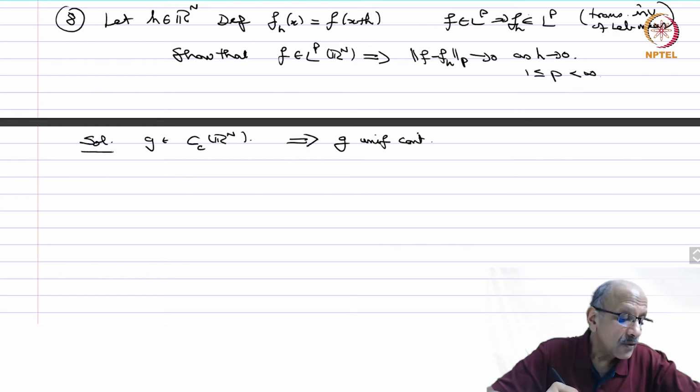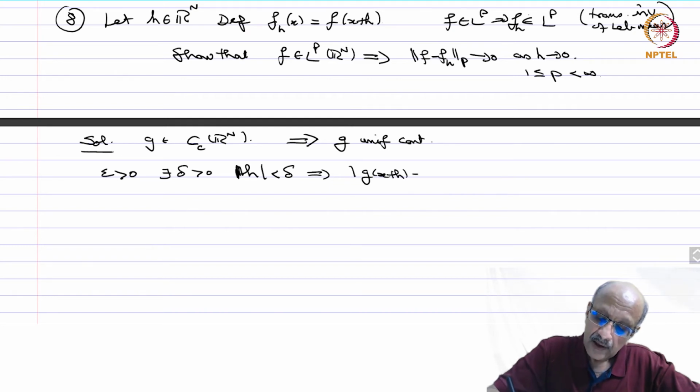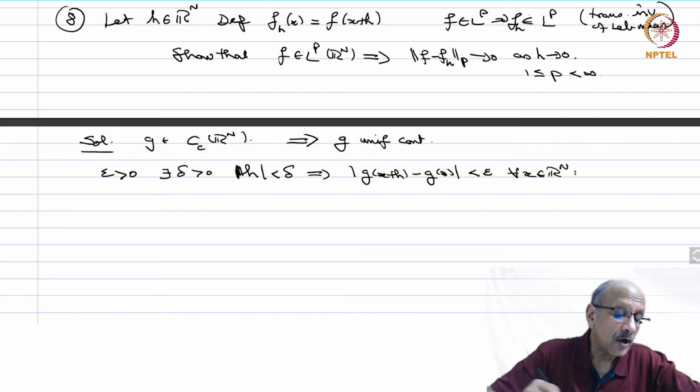Okay, so given epsilon greater than 0, there exists a delta positive such that if |h|, the norm in R^n, is less than delta, this implies |g(x plus h) minus g(x)| is less than epsilon for all x in R^n because of the uniform continuity.